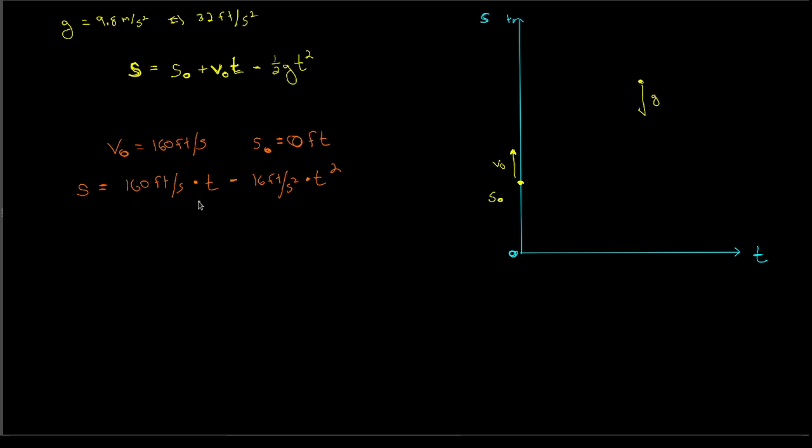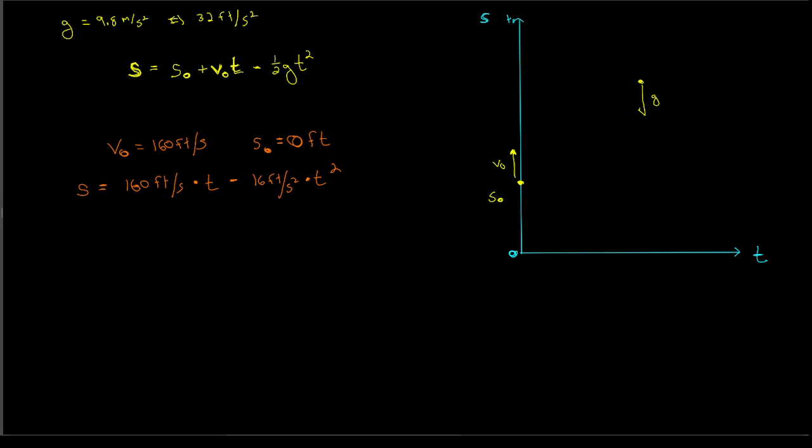A quick unit check: time in seconds will cancel seconds here, and I'll get an answer in feet. Time in seconds gives seconds squared here, which cancels the seconds squared down here. I'll get feet, and feet minus feet is in feet, which gives height. So my units do check out, which is nice. And we have our equation of motion.